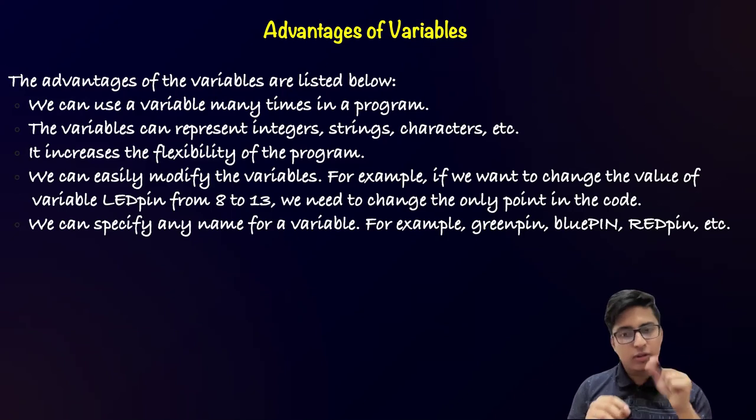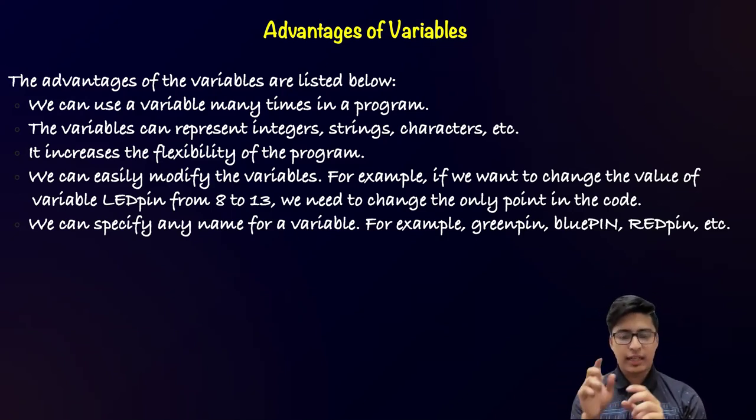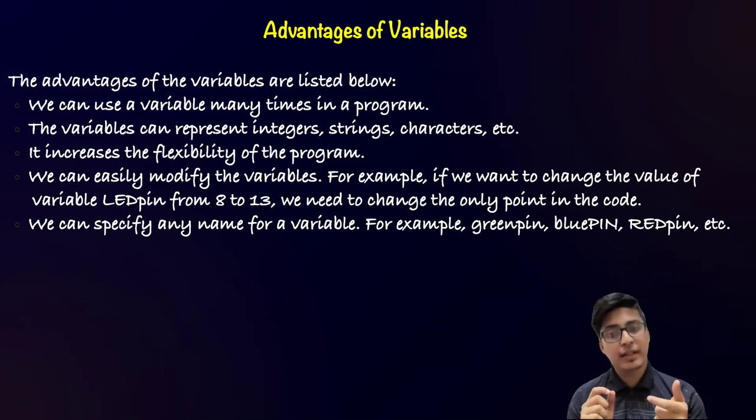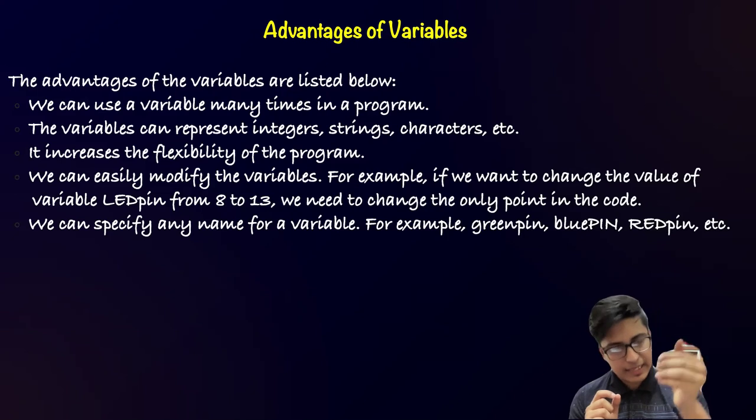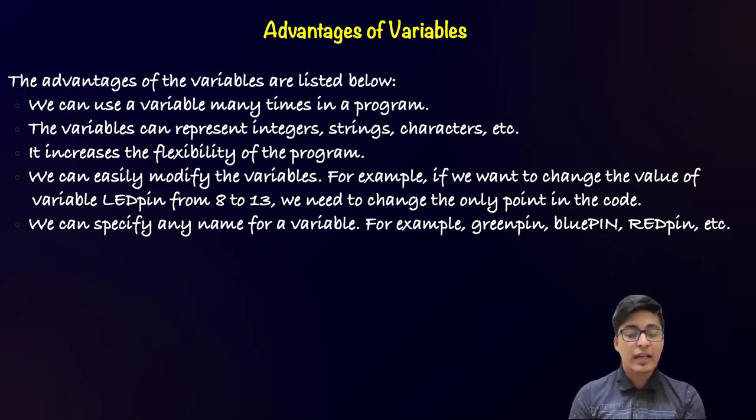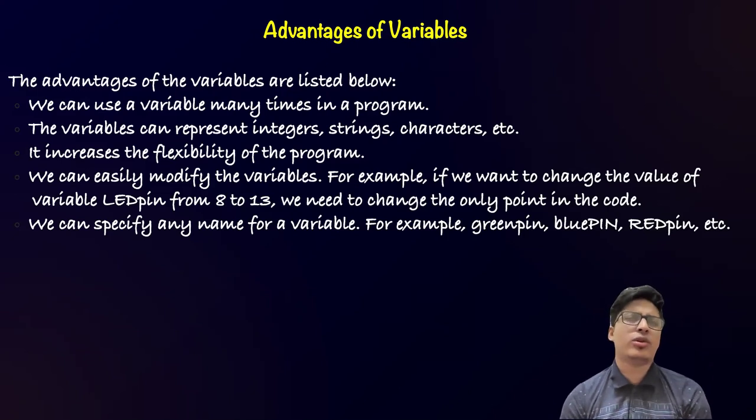Imagine you have written code. I have declared it prior to using it, for example LED pin equal to 8. You haven't declared it; you are using the value 8 directly in the whole code. Now your project demands that you change the value 8 to 30. What do you need to do?